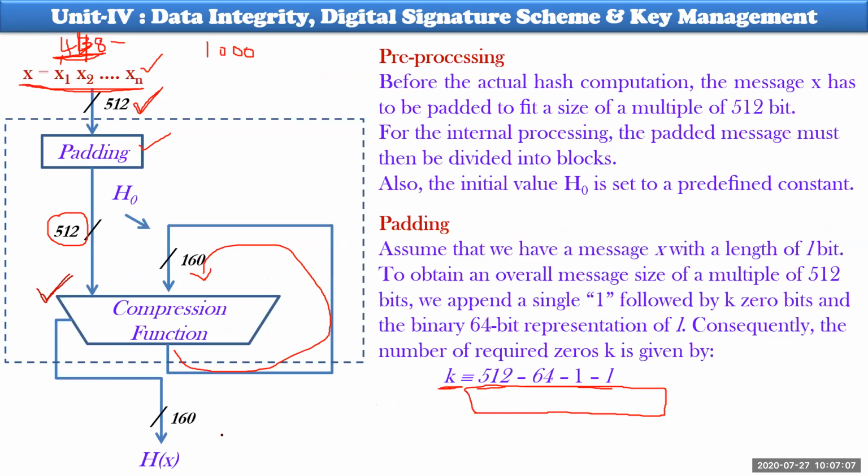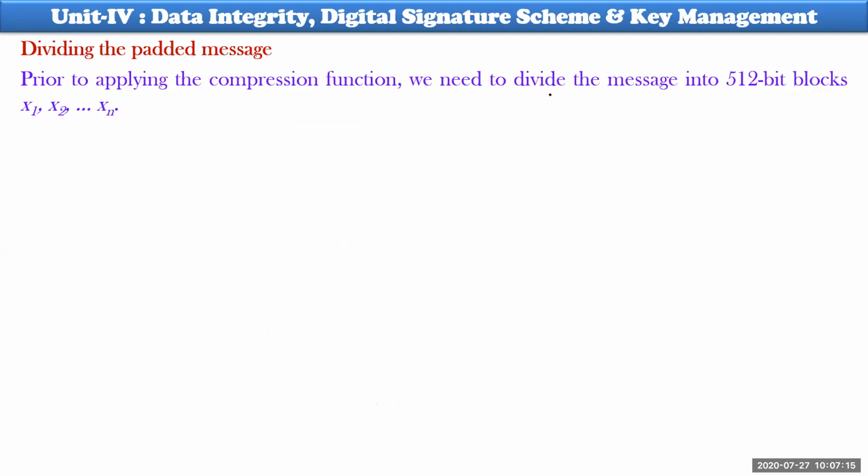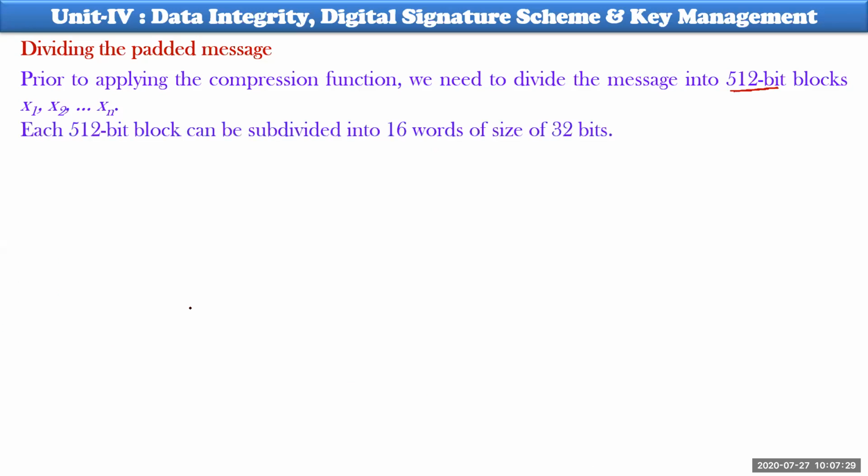Okay, look at this. After padding, the compression function always needs to take 512 bit blocks, and they could be named x1, x2, x3, x4, and so on.